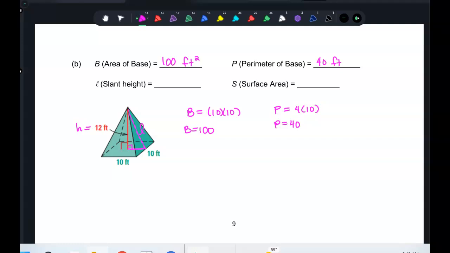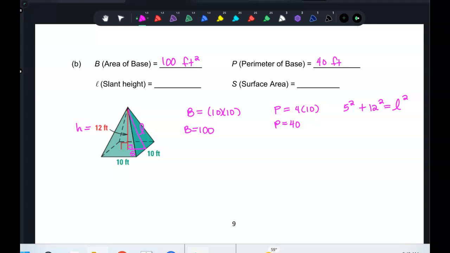Now, if the whole side is 10, what's this side of that triangle? 5. Okay, so it's going to be 5 squared plus 12 squared equals L squared. So again, I'm just breaking it down into parts. We have to find the area of the base, perimeter of the base.